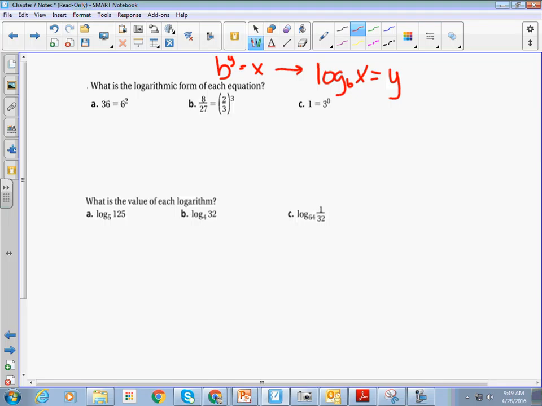So in this case, 6 is b, 2 is y, and x is 36. So putting that into logarithmic form, we're going to go log base 6 of 36 is equal to 2.